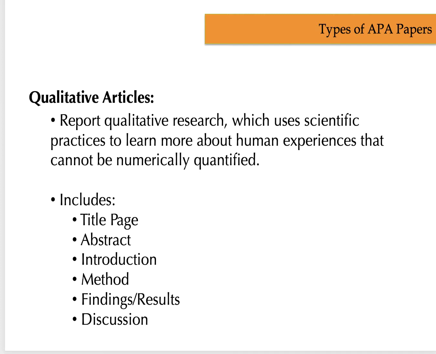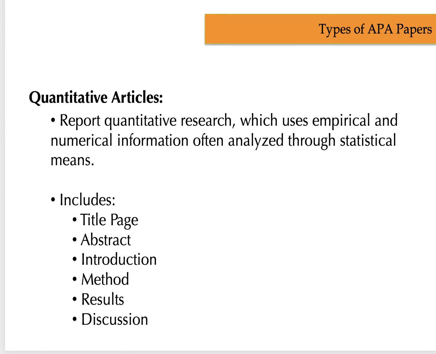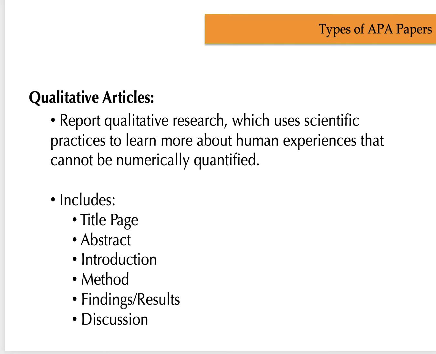They're not real numbers. So I just want to qualify that. So that's qualitative articles. They look fairly similar. If I just flash back, you'll see that these two are fairly similar. It says results here, and here it says findings and results.